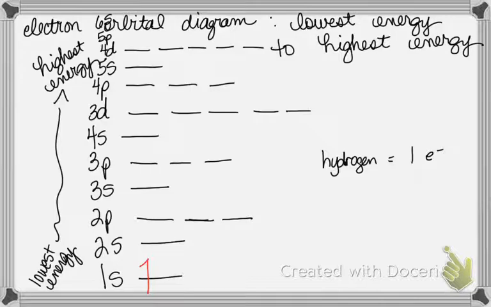Instead of drawing all that we have here with the 1s and the dashes and the 2s and the dashes, oftentimes what you will see written is called an electron configuration.